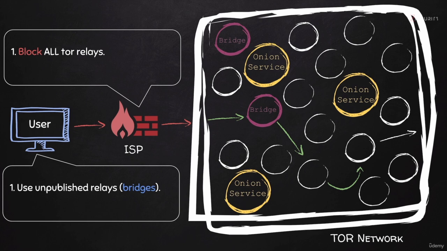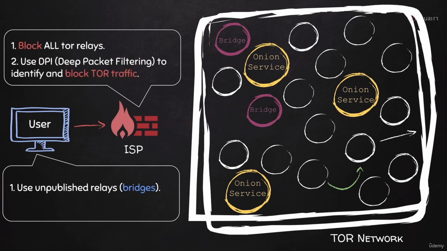What they started doing is they started using deep packet filtering, or what's known as DPI, to identify Tor traffic and block it. So they don't even care about which node you're trying to connect to. They started analyzing all traffic that you sent out of your computer, and they managed to identify what Tor traffic looks like.